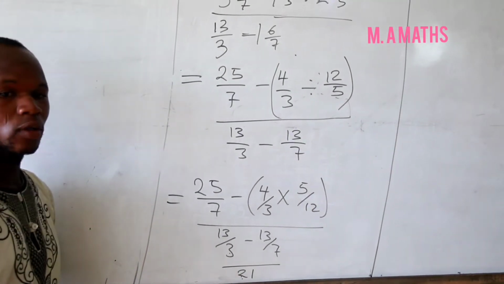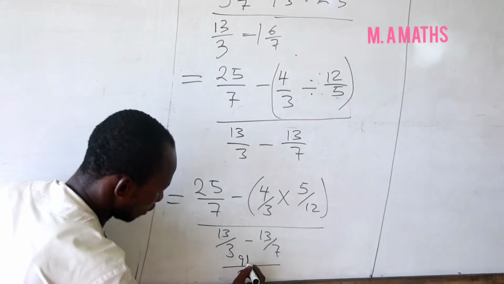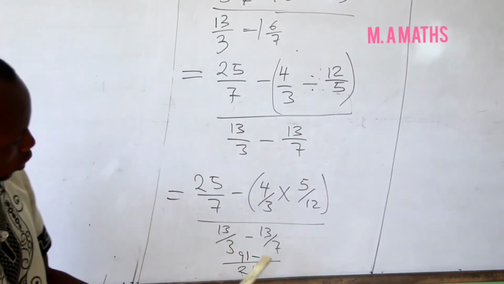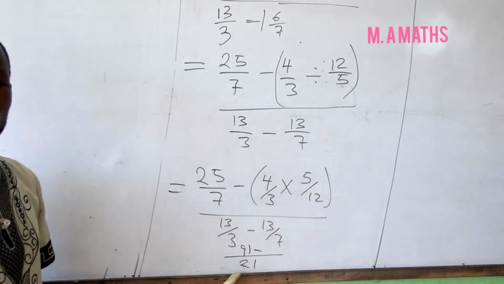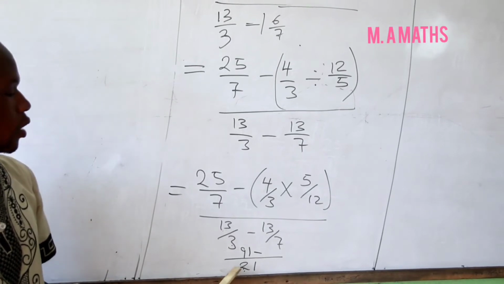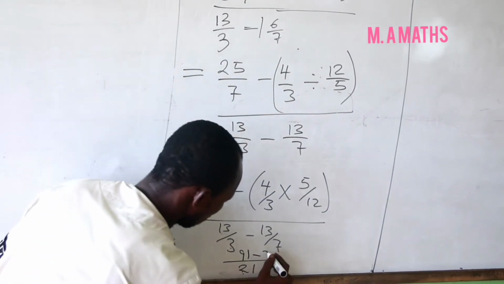That is 7 times. So you take 7 multiplied by 13, you get 91, minus, how many times can 7 go into 21? 3 times. 3 times 13 gives us 39.